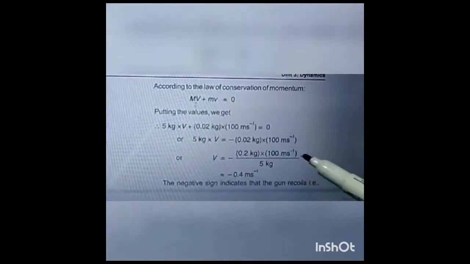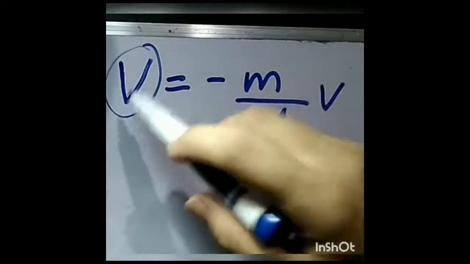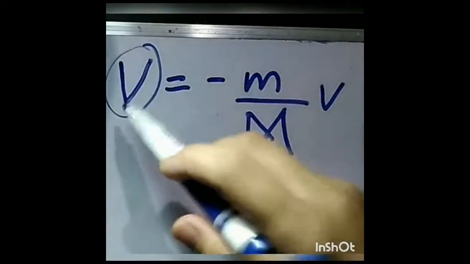If you solve it with the same formula as it was given in the book, which was V is equal to minus m over M into v, this is the formula that we derived from the law of conservation of momentum. So this V is actually the velocity after the recoil.